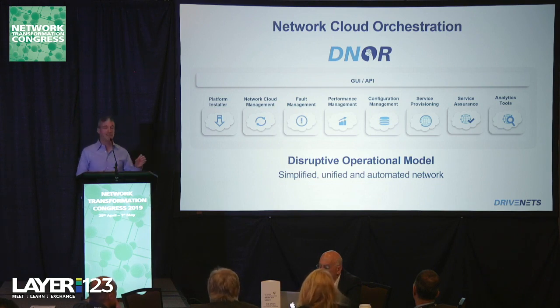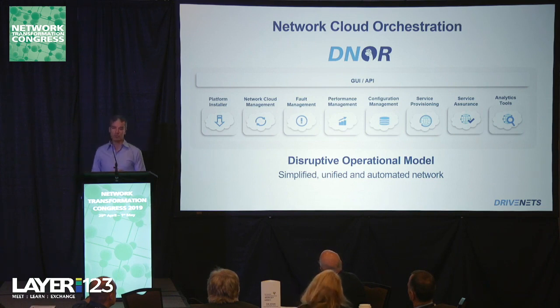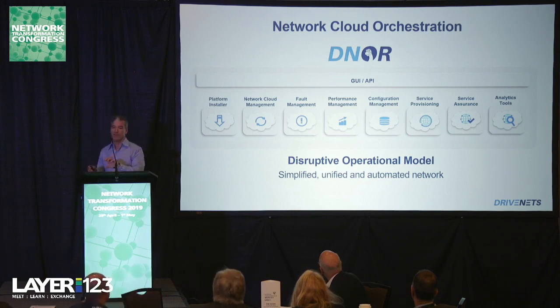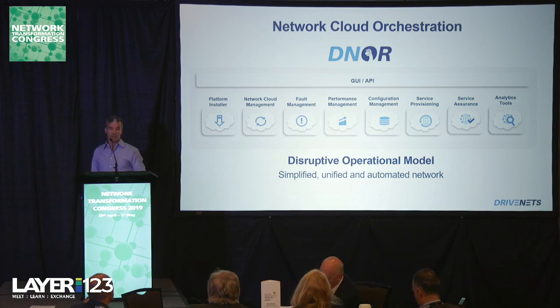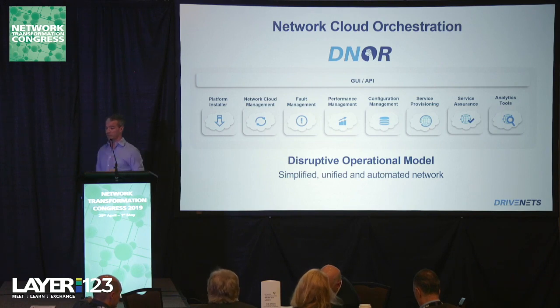So network cloud was designed from day 1 for zero-touch provisioning, and everything must be automated. So the orchestrator takes care of all the life cycle of the solution, from the initial installation, from the monitoring of the KPIs, from the fault management, for the life cycle of the services. Everything is taken care of by the orchestrator. Now, I just want to give you 2 examples. What do we mean when we say zero-touch provisioning?